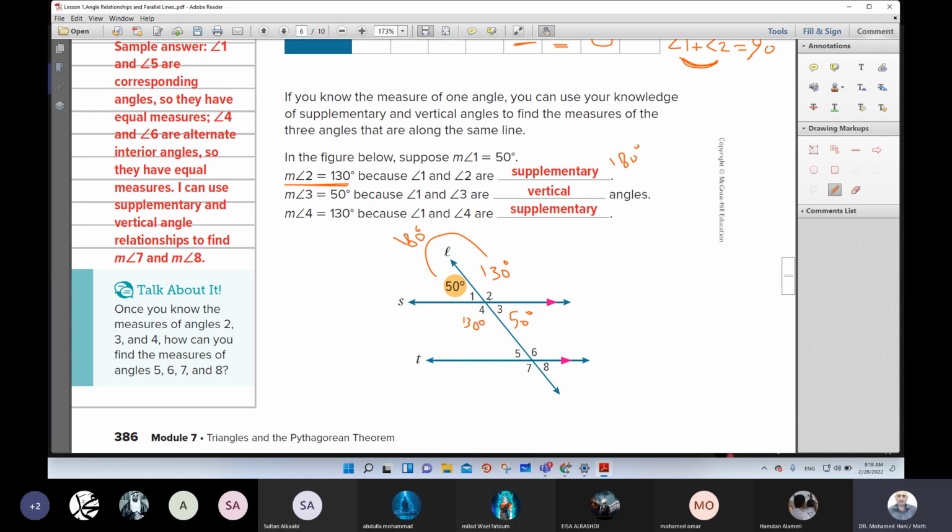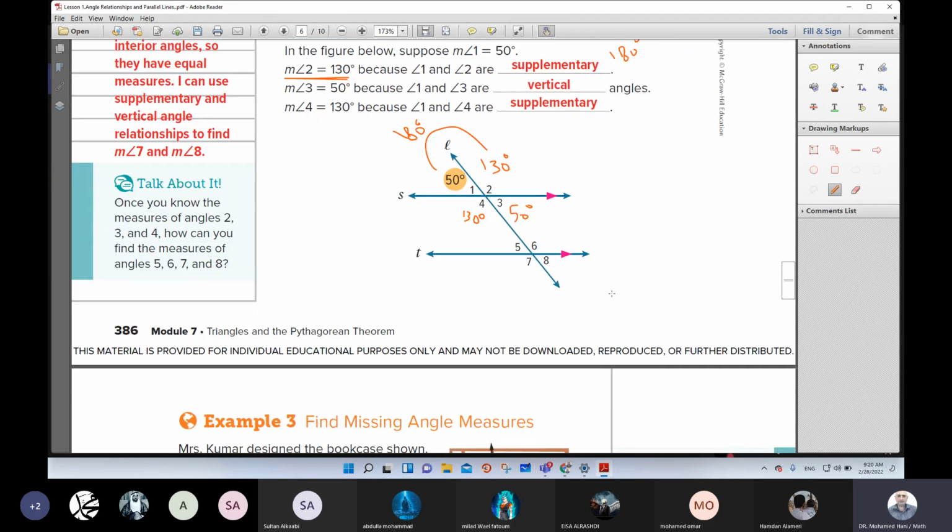So 2 and 4 are congruent. So angle 1 and angle 4 will be supplementary. Why? Because 50 plus 130 is 180. And angles 2 and 4 are vertical angles.